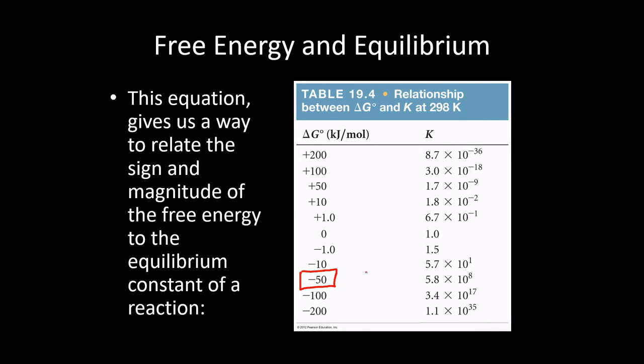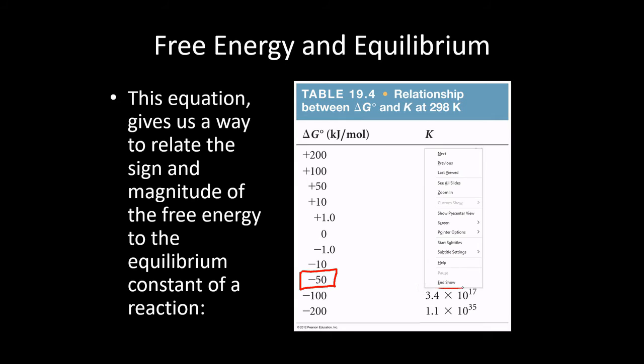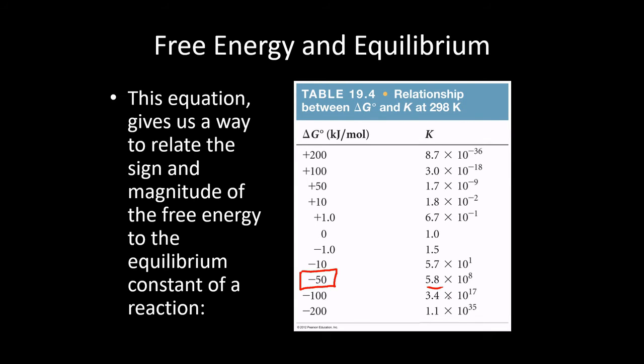Just to give you an idea of exactly how spontaneous it is, the equilibrium constant for this reaction is 5.8 times 10 to the 8. So it's essentially a billion times more. The numerator is a billion times larger than the denominator. And if you remember, that's products over reactants.